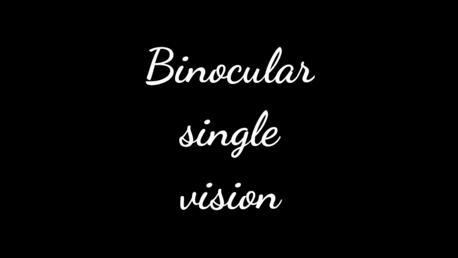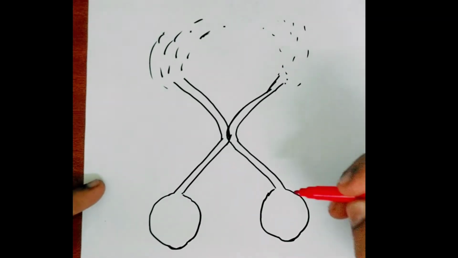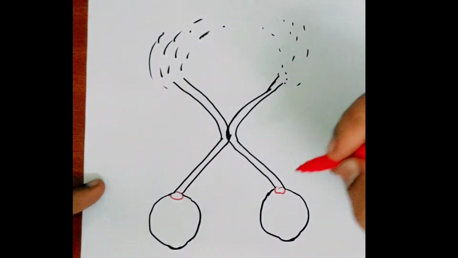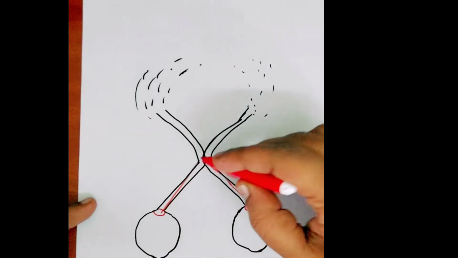Before going to amblyopia as such, let's discuss in short about binocular single vision, how it happens, what the different stages are, and how, if binocular single vision is affected, it can lead to amblyopia. As you all know, we have two eyes, so two images are formed at the level of the fovea of the retina, and the impulses are carried through the optic nerve.